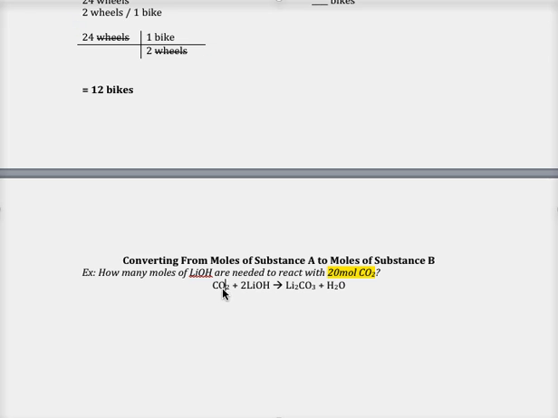I can see that there's an implied coefficient of 1 on CO2, and the other value that I care about is moles of LiOH. So I look for the other substance, LiOH, in the equation here. That's what I'm trying to find.